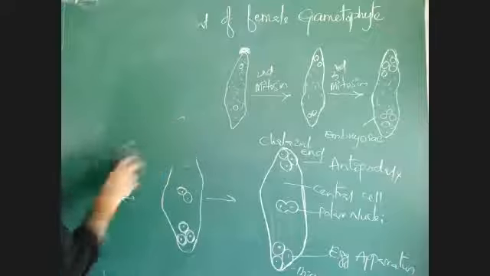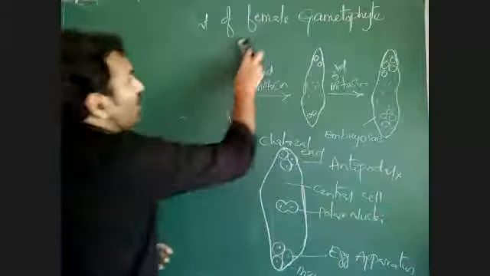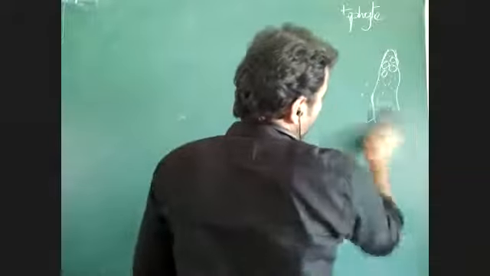Next point. The 2 polar nuclei in the large central cell fuse and give a diploid secondary nucleus.